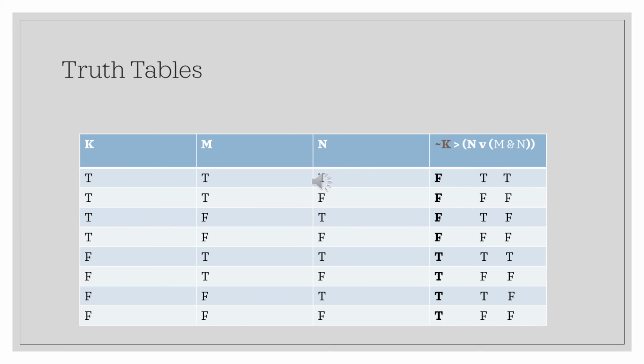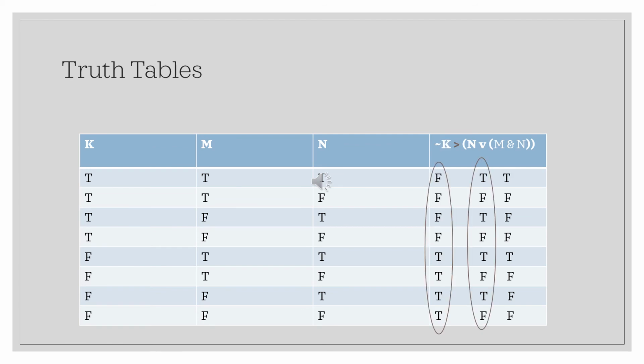Because the K is negated, we want to flip the truth value of the K on the left to reflect what not K actually means. So if K is true, then not K is false, and that goes for the first 4. And where K is false, then not K is true, and that goes for the second 4.